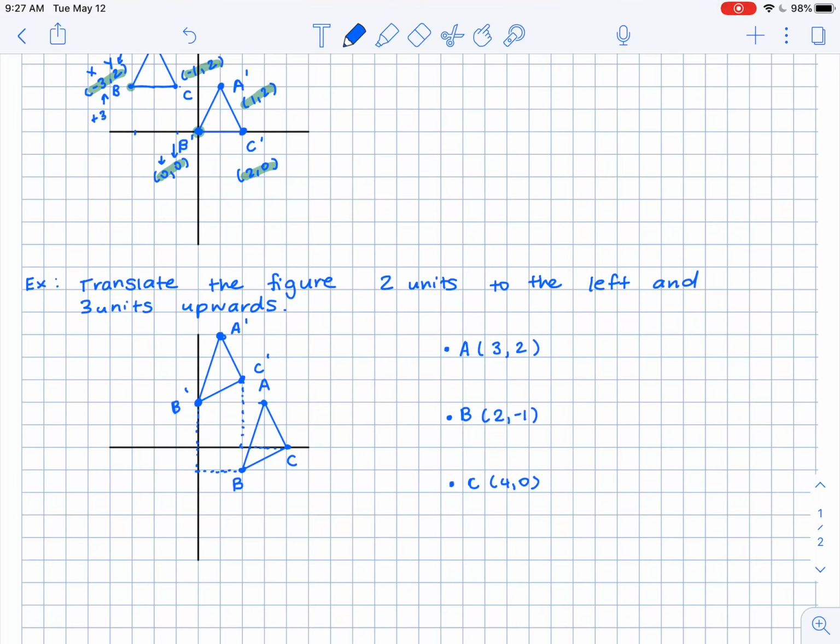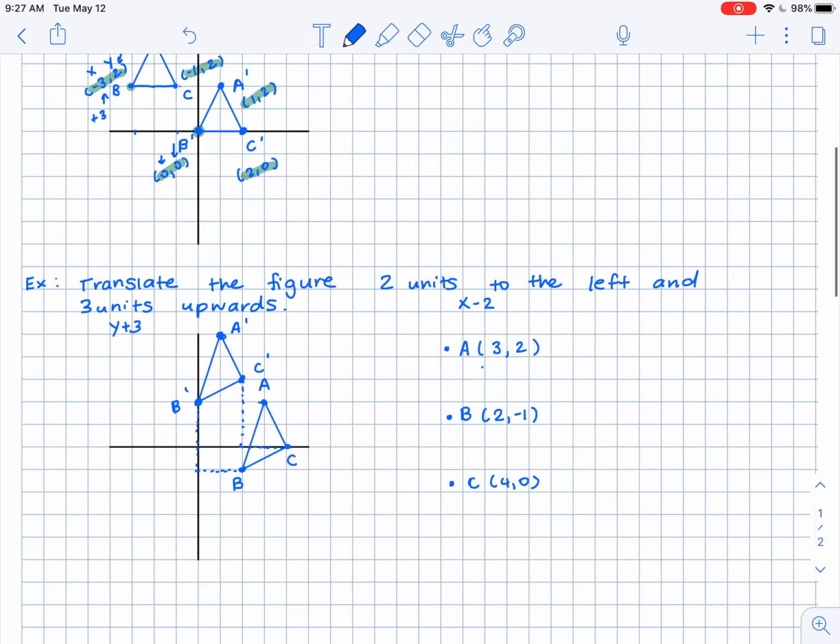Okay, now what does that mean? 2 units to the left means your x coordinate minus 2, and 3 units upwards means your y coordinate plus 3. Okay, so each time I'm subtracting 2 from your x and adding 3 to your y.